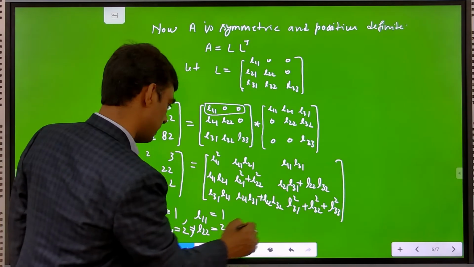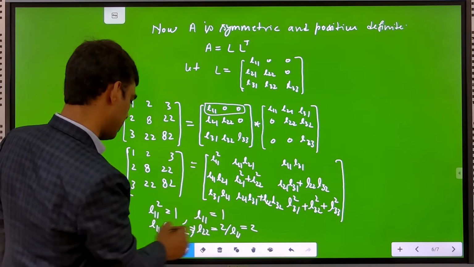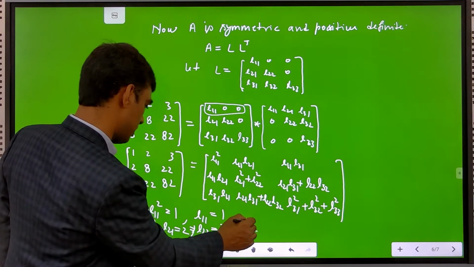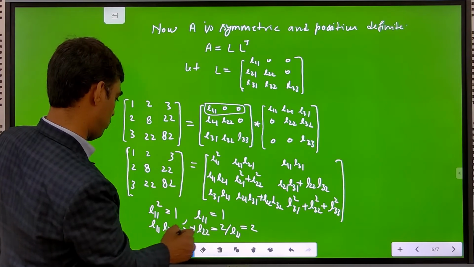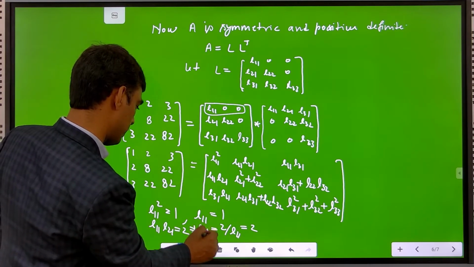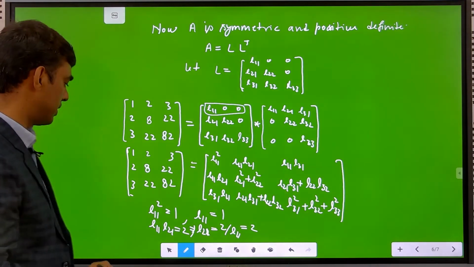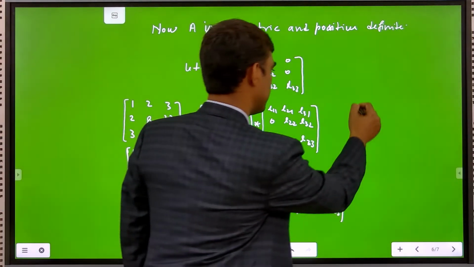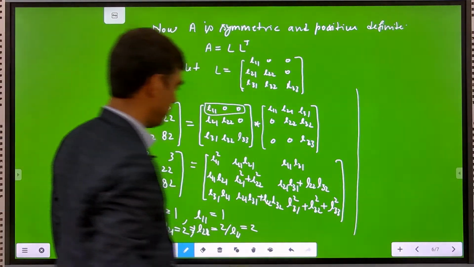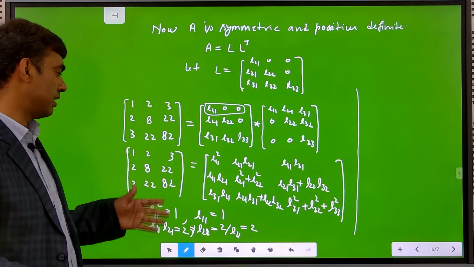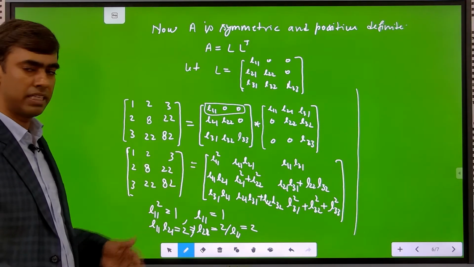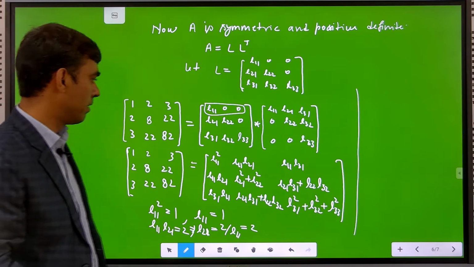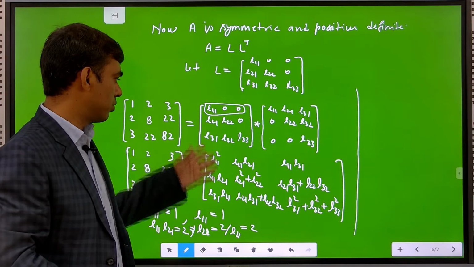L31 equals, here L11 is 1 and L21 is 2. Similarly, if we write this on the next page, we again need these two matrices to find the values of the elements of the lower triangular matrix.